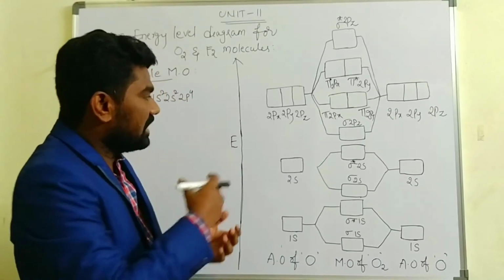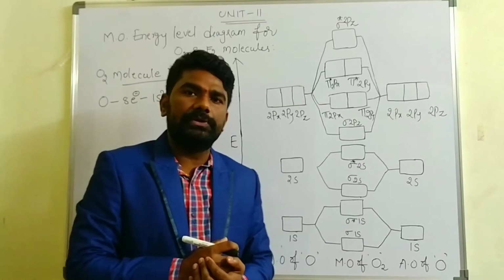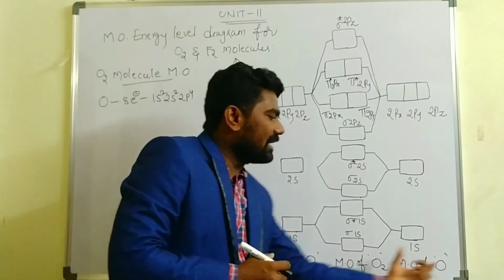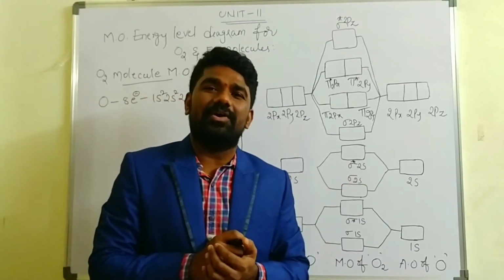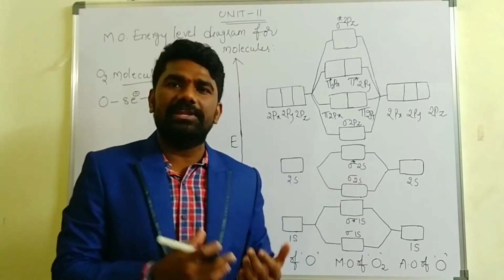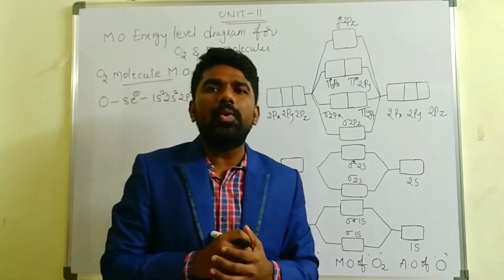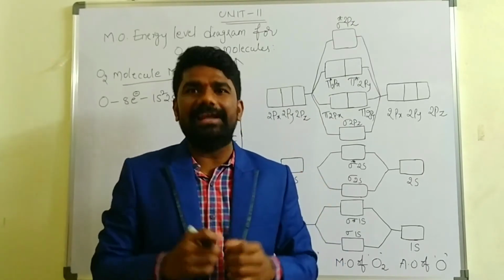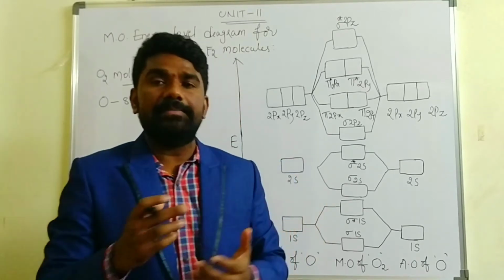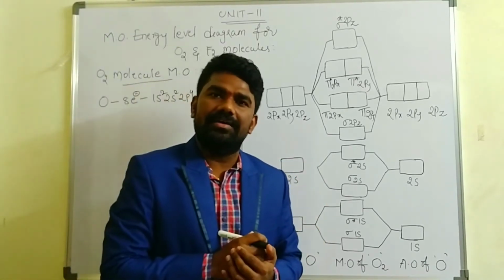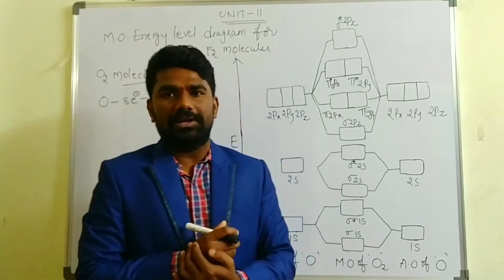In the formation of this diagram of the O2 molecule, the atomic orbitals of the two oxygen atoms which have comparable energy and similar orientation will come together and overlap, that is, they will combine and form the molecular orbitals of the O2 molecule.